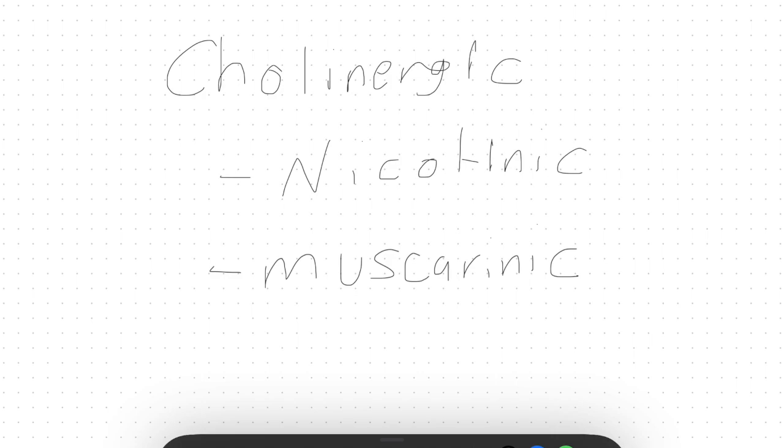The muscarinic receptors found in target organs of the parasympathetic nervous system lead to various responses depending on the organ. So for the heart, for example, slowing the heart rate, or increasing granular secretions.